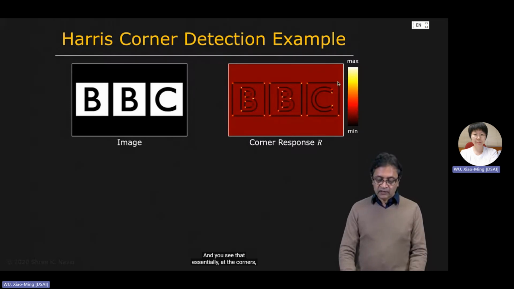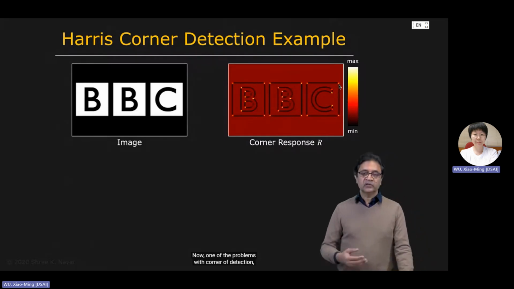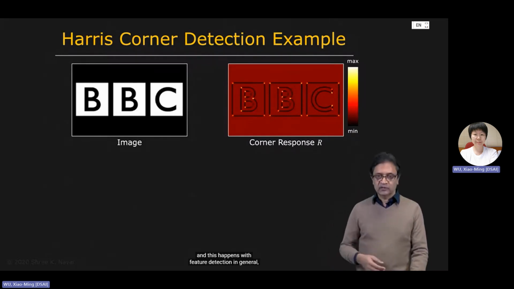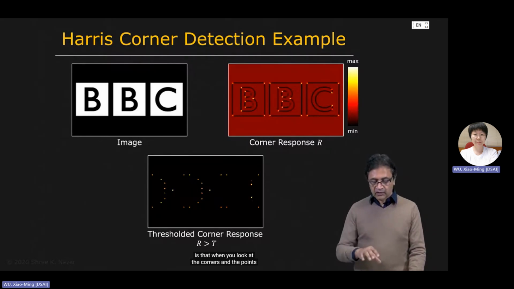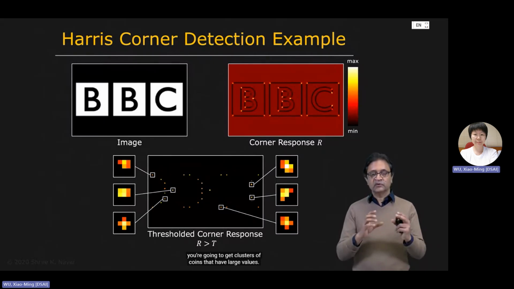You see that essentially at the corners, you see very large values. Now, one of the problems with corner detection, and this happens with feature detection in general, is that at the points where you have these strong responses, you're going to get clusters of points.